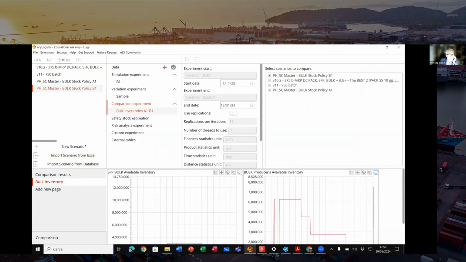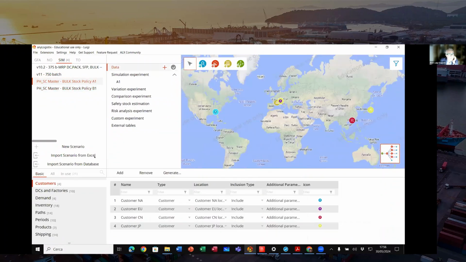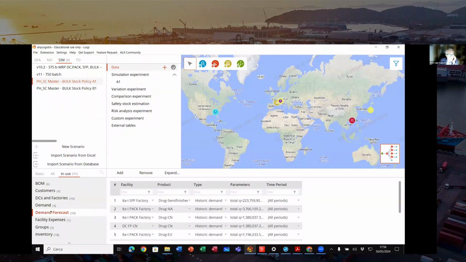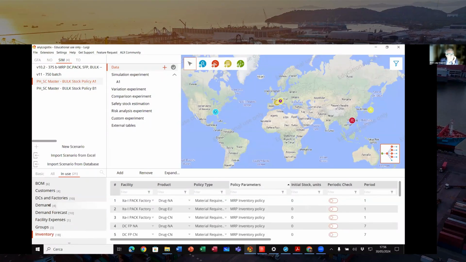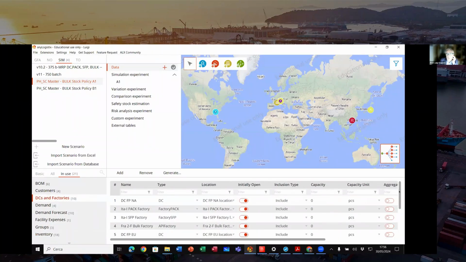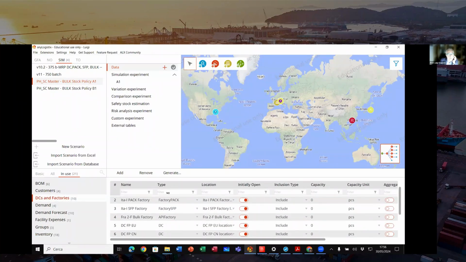Let me show the tables that we use: bill of material, customer, demand forecast also, because I told you that we use MRP, and so we have to take into account this factor: facility expenses, group, inventory rules, and so on. Those experts can recognize this aspect.